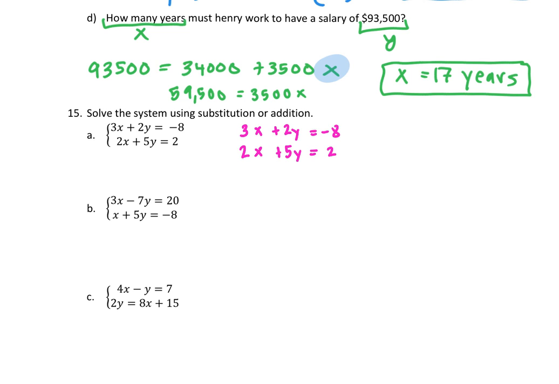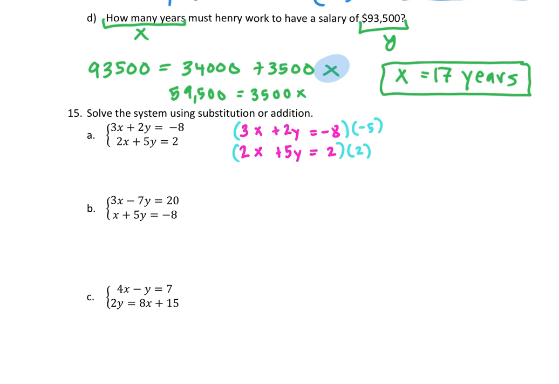So if we have that, I want the 2y and the 5y. I want to find the least common multiple between 2 and 5. That is 10. And we want one of them to be a negative. So I'm going to multiply the top one by negative 5 and the bottom one by positive 2. Because 5 times 2 is 10. 2 times negative 5 is negative 10.